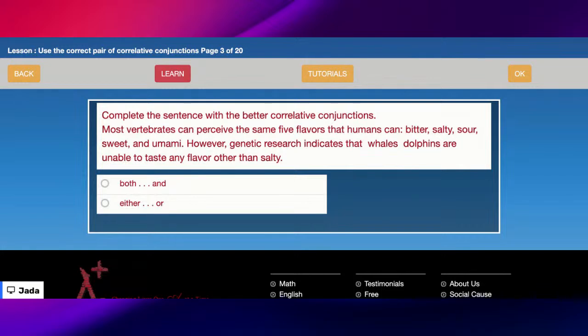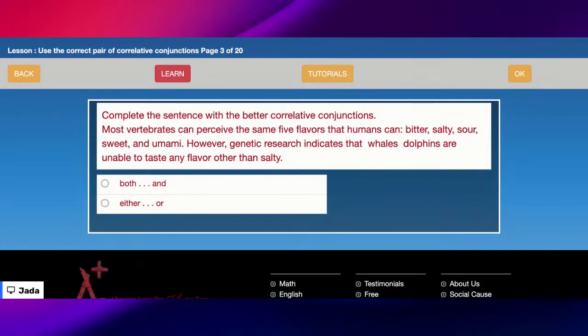All right, most vertebrates can perceive the same five flavors that humans can: bitter, salty, sour, sweet, and umami. However, genetic research indicates that both whales and dolphins are unable to taste any flavors other than salty.